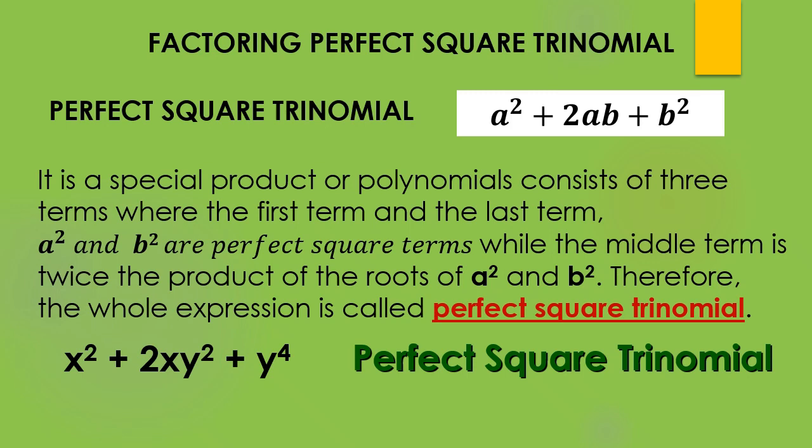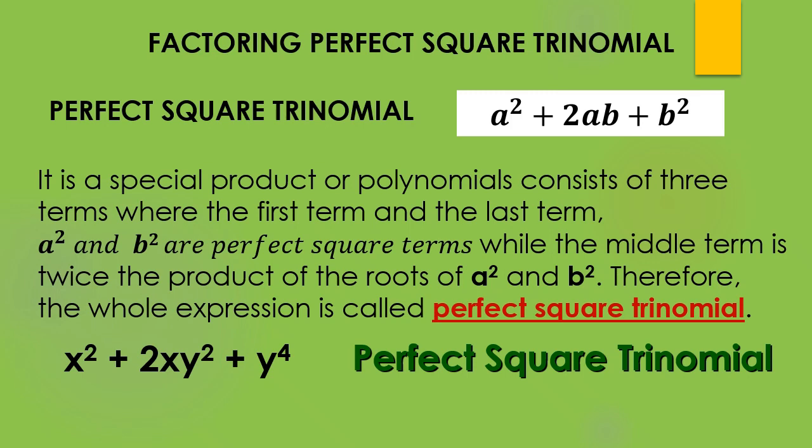Getting the square root of those terms, the roots are x and y squared. Twice the product of the roots would be 2xy squared. So this expression is a perfect square trinomial.